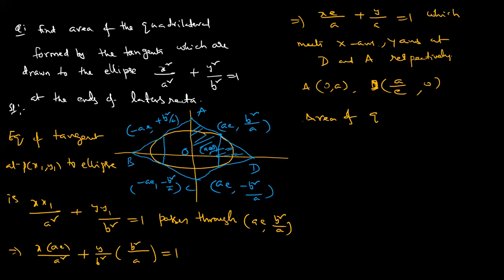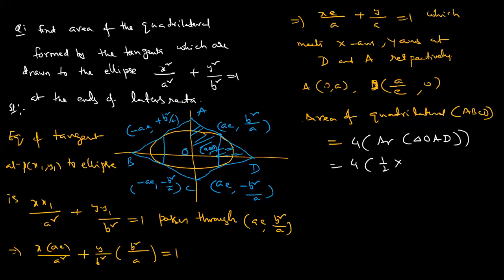Area of quadrilateral ABCD is equal to how much, anyone? 4 times the area of triangle OAD, because of symmetry. So 4 times half into, what is the length of OD?